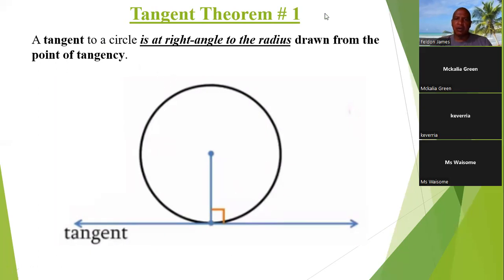What that is saying is, this line outside the circle, touching the circle at this point, the point of tangency, if you draw the radius from that point of tangency, and you know that the radius would go right to the center of the circle, that radius is going to be at right angle with the tangent line.